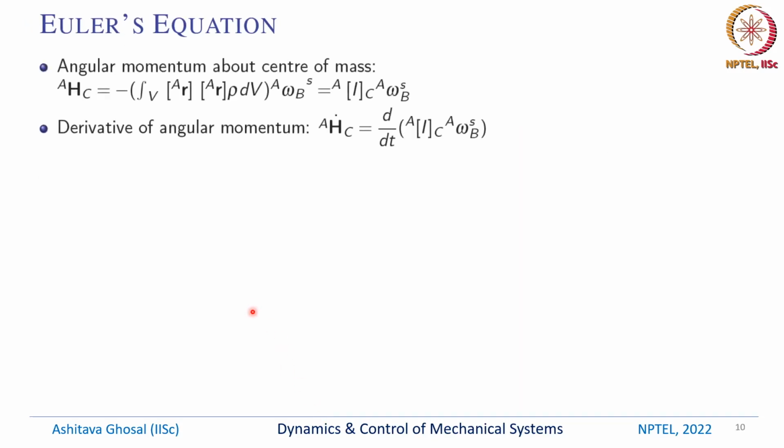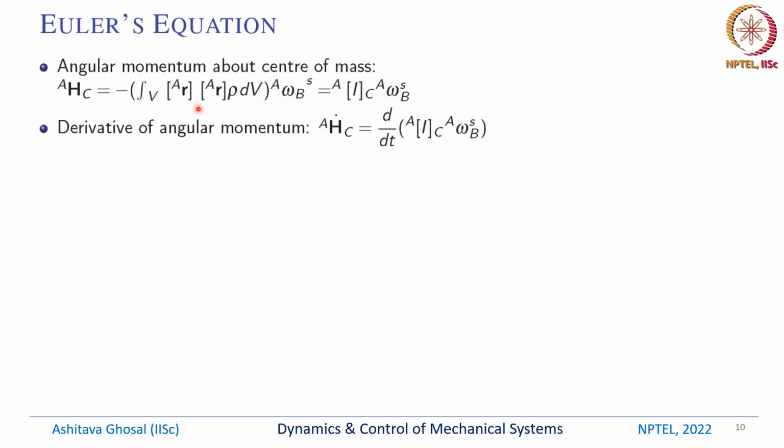So what do we do with this angular velocity? We can rewrite this angular momentum and angular velocity as AHC, just from the previous slide, in terms of the inertia matrix.